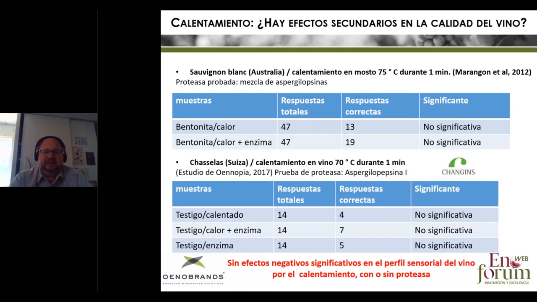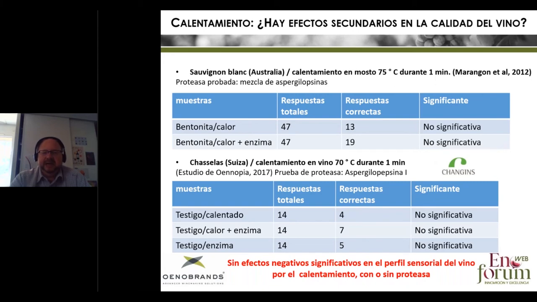And you can see that there is no difference between the bentonite treatment and the heat treatment only, or heat treatment with enzymes, in terms of aroma profiles.